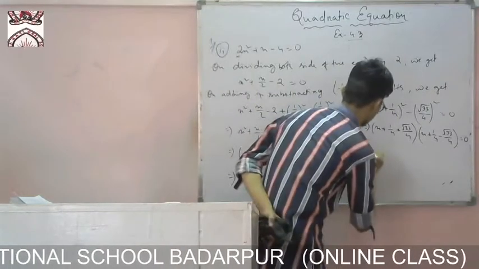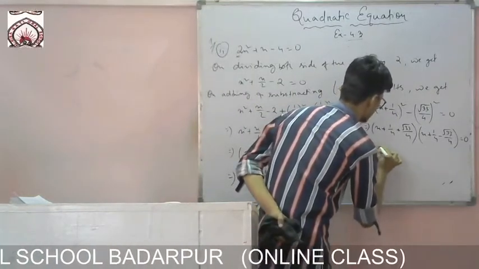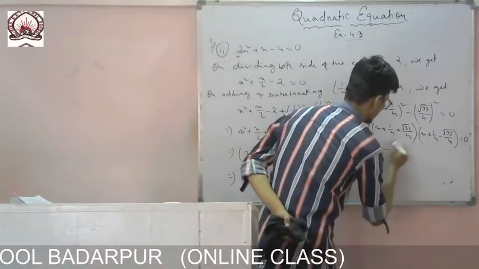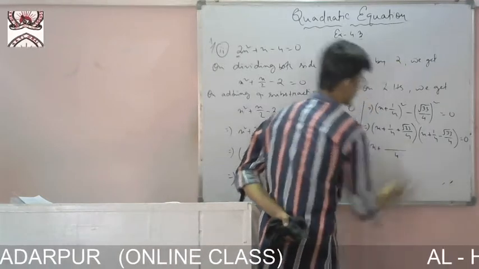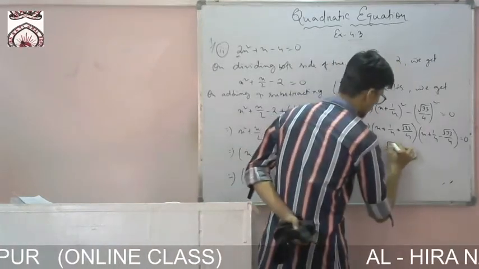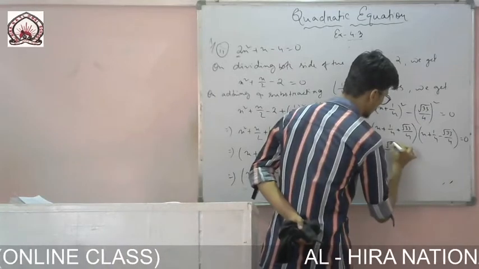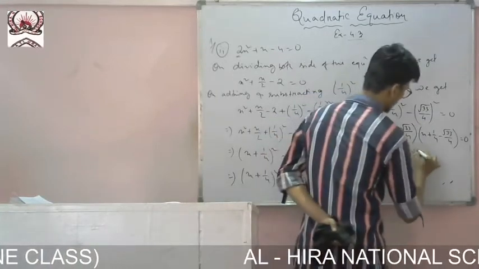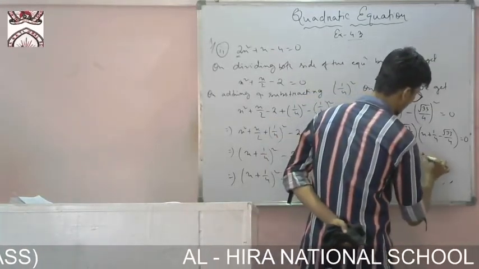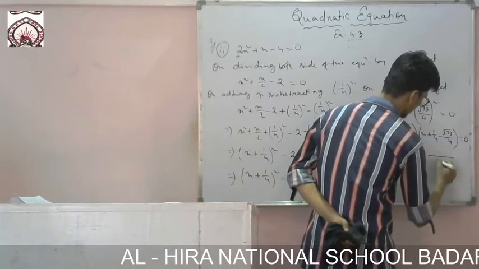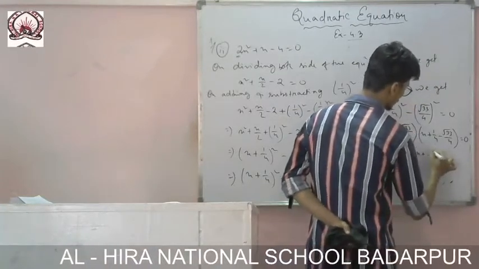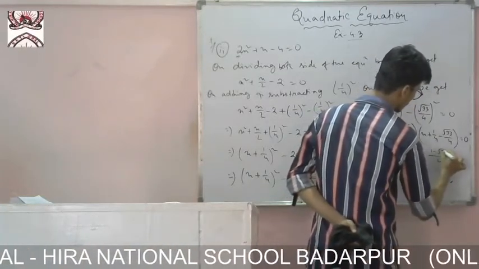So let me solve this one. So it will be x plus, with 4 there, that is 1 plus root 33. So let me write root 33 plus 1. Okay, and this one it will be x plus, there it is 4, so it will be again 1 minus root 33.